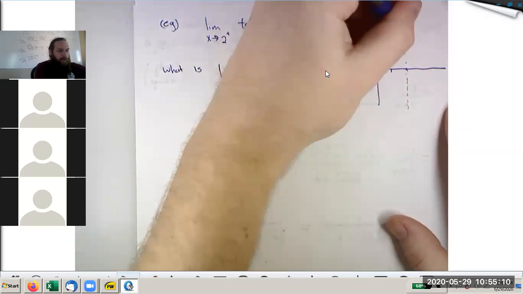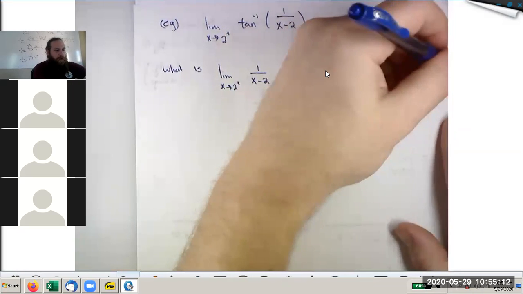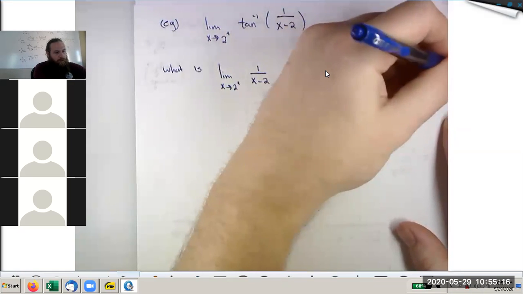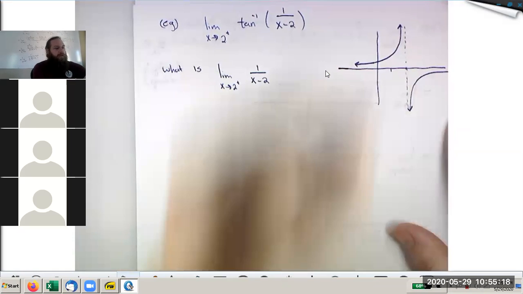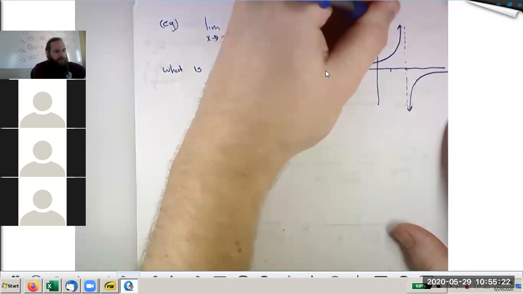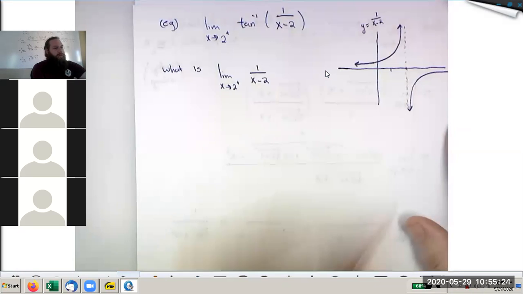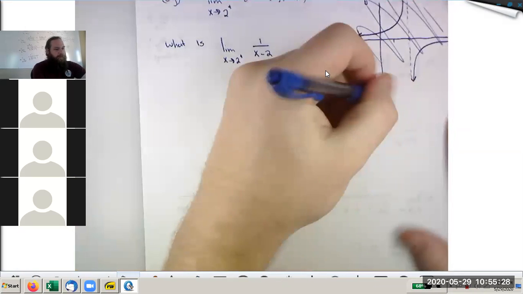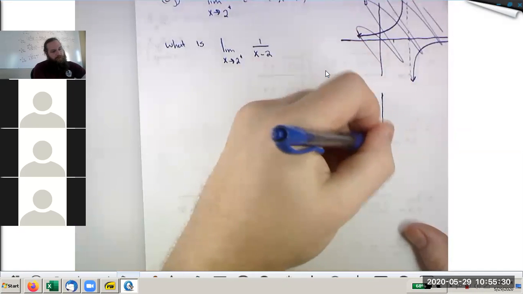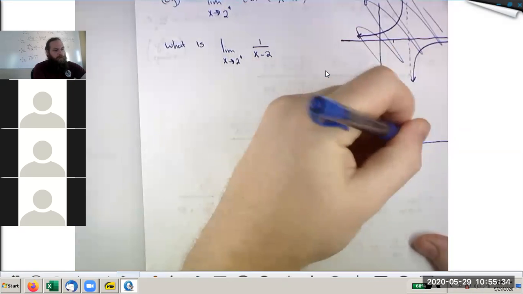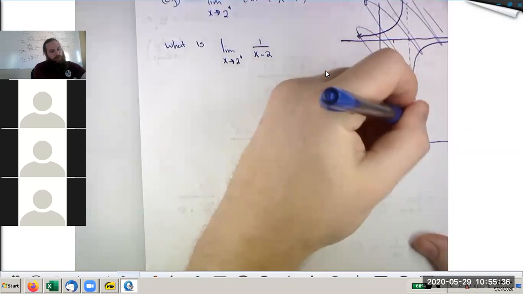All right, you guys remember your transformations of graphs from pre-calc? So this is the graph y equals 1 over x minus 2. Oh, no, actually, I'm sorry, I drew this backwards. Sorry. 1, 2, vertical asymptote.